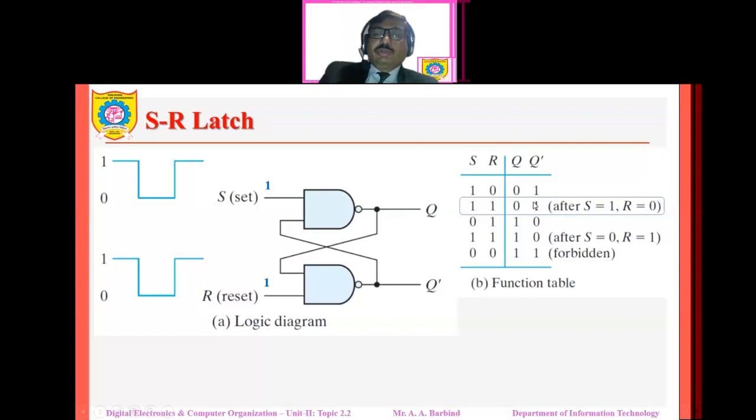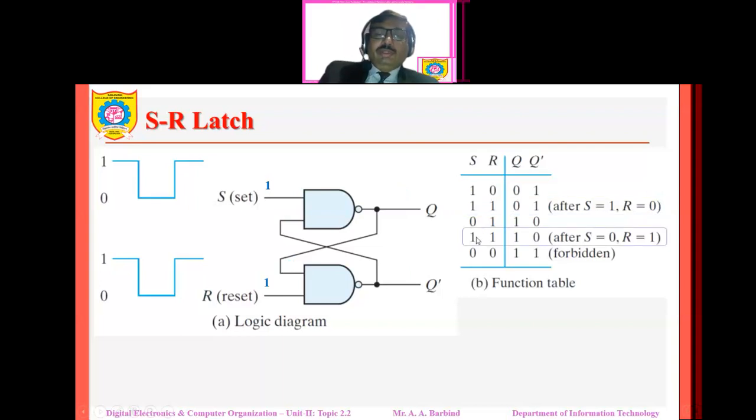For this purpose, you have to assume that the previous outputs were 0 and 1. So this will be 1, and 1 and 1 bar, so output will be 0, and 1 and 0 is 0 and bar, so that is 1. So if earlier output was 0 1, then it will remain 0 1.